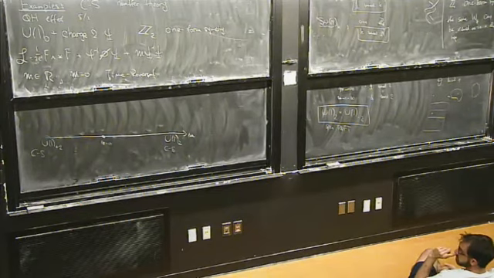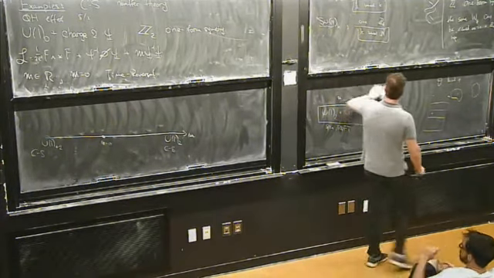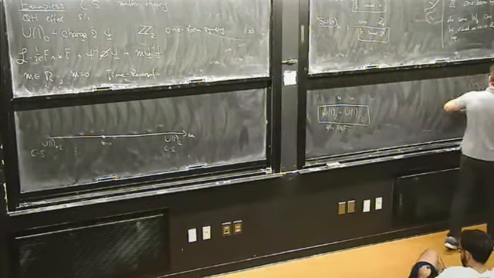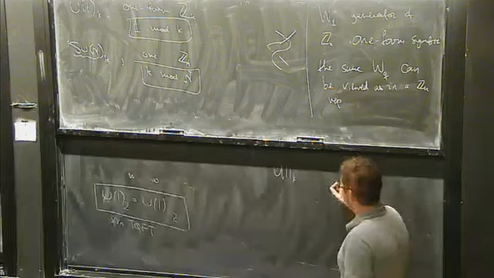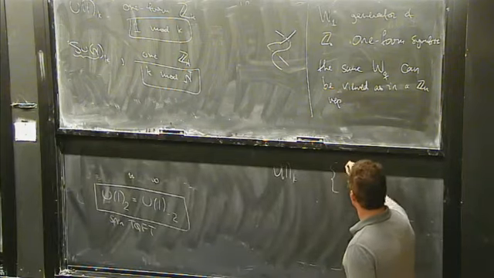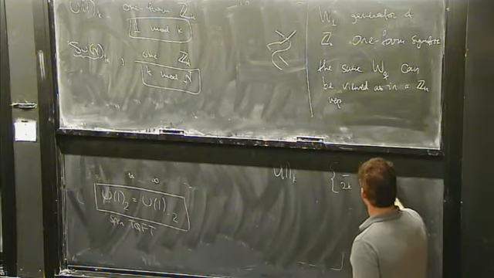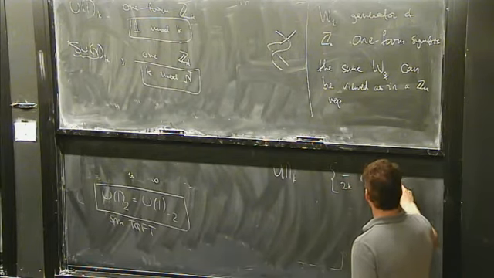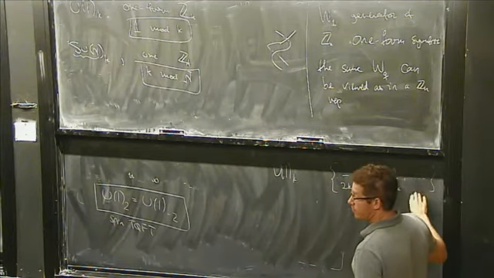Okay, so let me explain this point a little bit more. If you look at U1 level k, it has anyons with the following spins: 1 over 2k, 4 over 2k, 9 over 2k, and so on, until you get to k squared over 2k, which is a half.